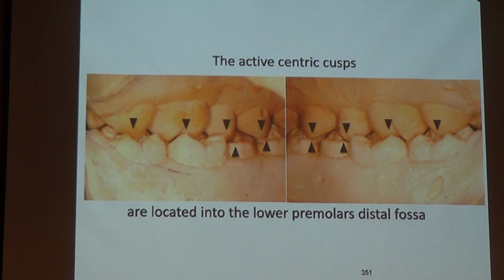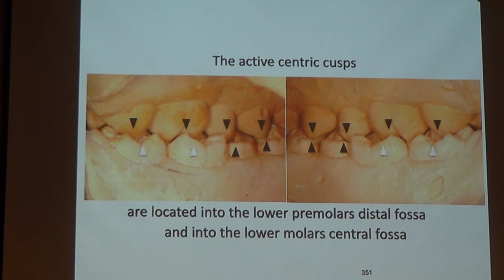Okay, active centric cusp on the molar and bicuspid. Thì cái active centric cusp là cái múi chịu trung tâm mà chủ động á, là nó được nằm ở cái răng cối nhỏ hàm dưới và cái hố phía xa.